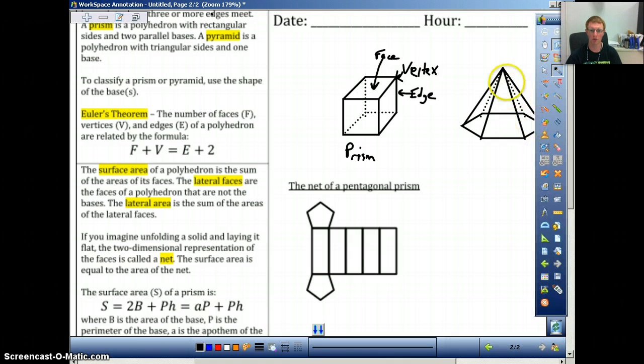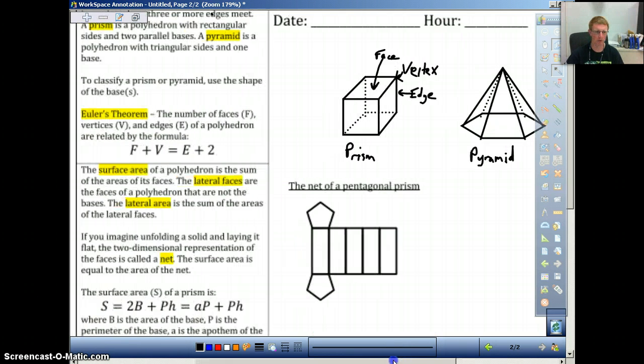So all pyramids will typically come up to a point. Okay? So it says to classify a prism or a pyramid, use the shape of the base. So here, because this is a rectangle or a square, we'll call it a rectangle for right now, this would be a rectangular prism. Over here, because this has 6 sides, that's a hexagon, this would be a hexagonal pyramid.